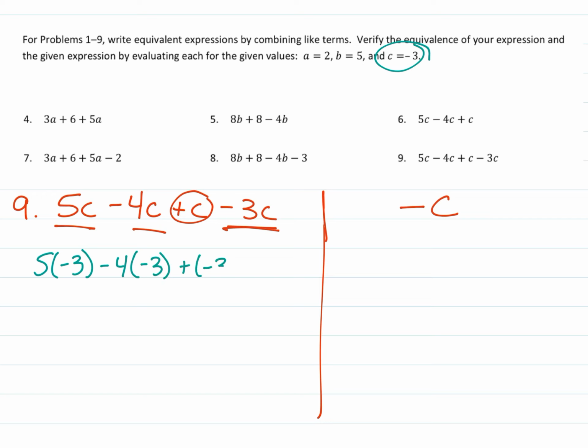Eight times 5 is 40. 4 times 5 is 20. 40 plus 8 is 48. 48 minus 20 is 28. 28 minus 3 is 25. 4 times 5 is 20. 20 plus 5 is 25.